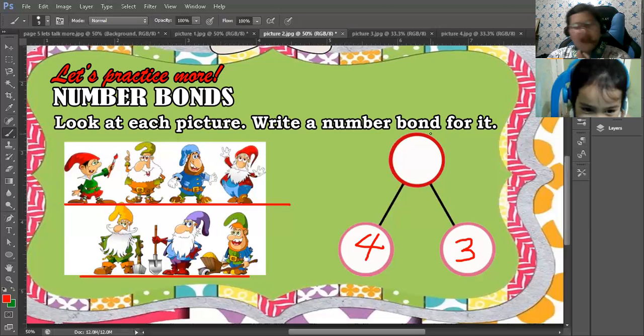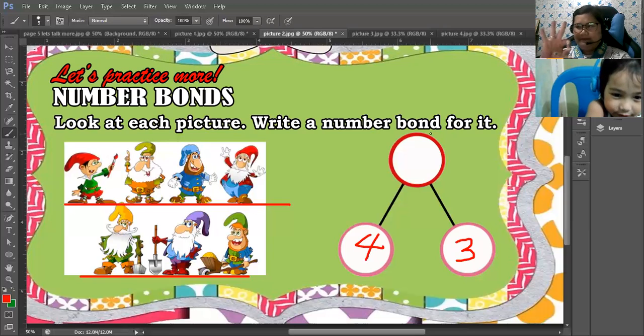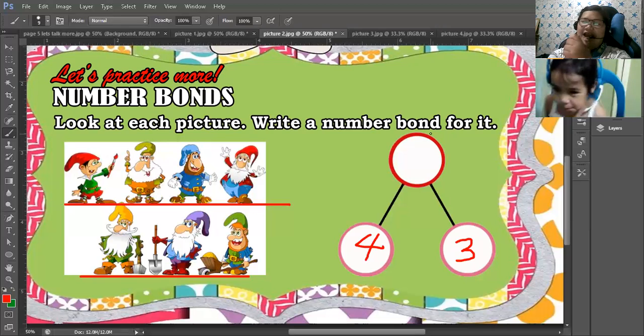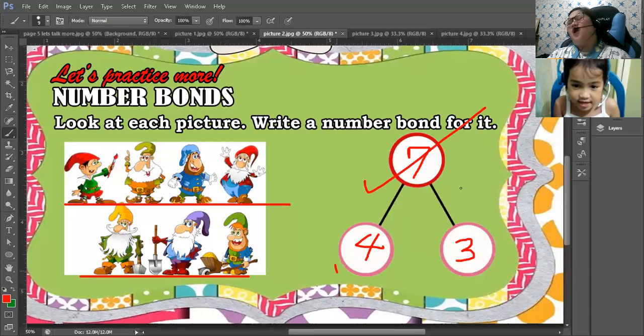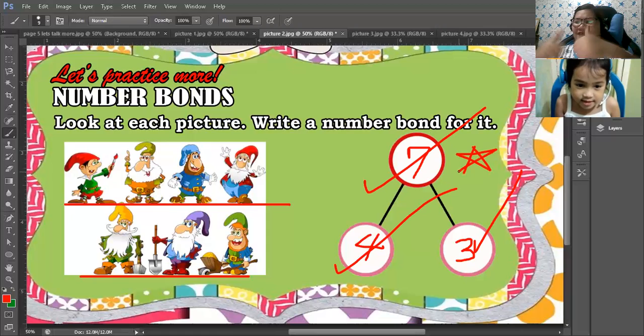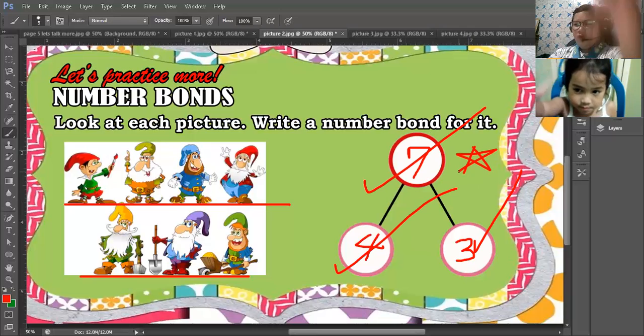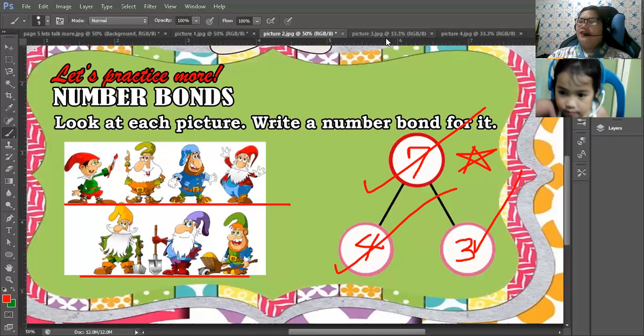Try again, Zoe. 1, 2, 3, 4, 5, 6, 7. How many dwarves are there all in all? 7. 7 dwarves. Very good. Awesome. Great job, Zoe. Give teacher a high five. Come on. Yeah. Woo. Very good.